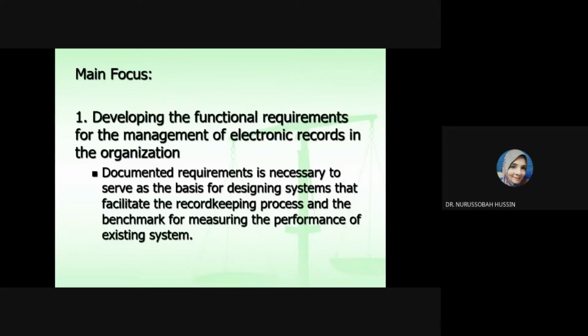To avoid the requirements being misinterpreted or record keeping being compromised, the documented functional requirement is necessary to be developed before designing the ERMS. And the second one, once we have developed the functional requirements for the management of electronic records in our organization, then we can design the ERMS.